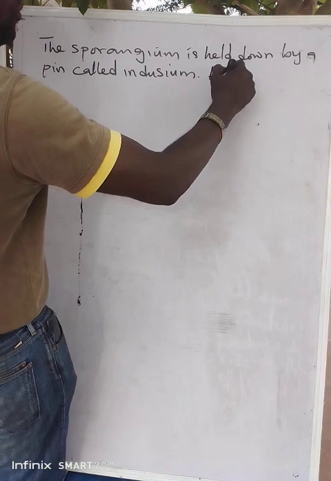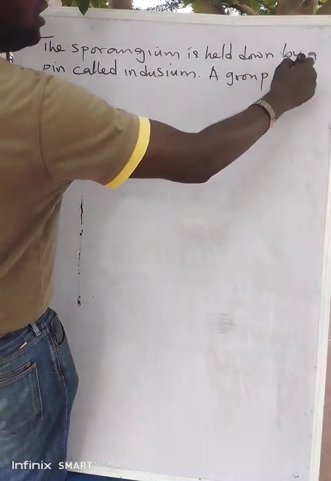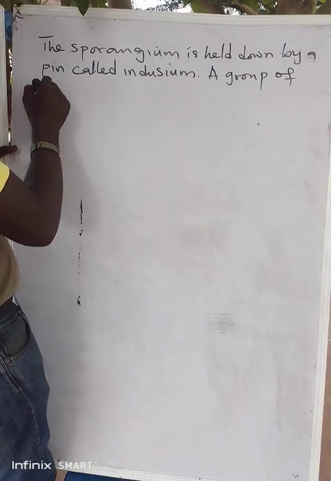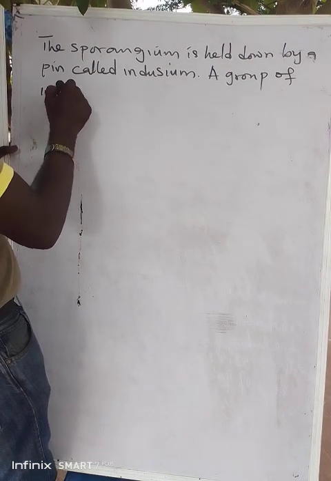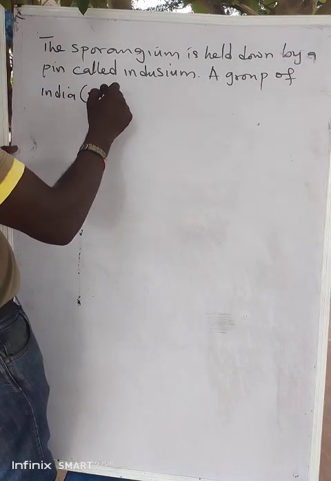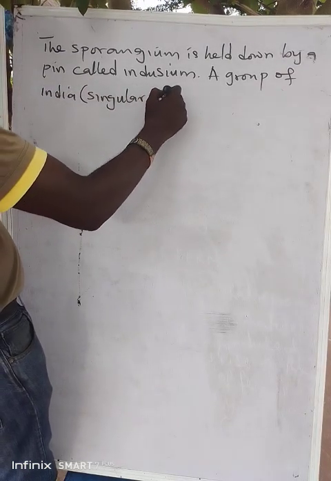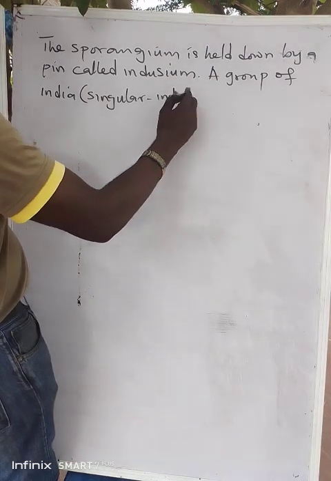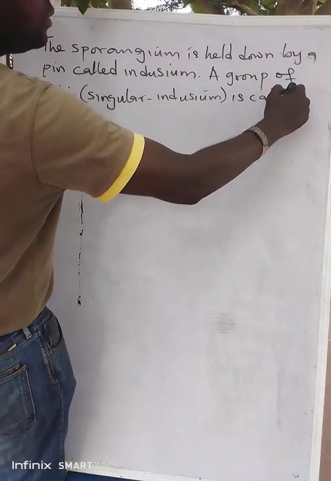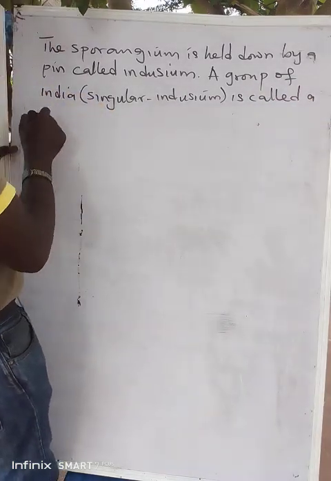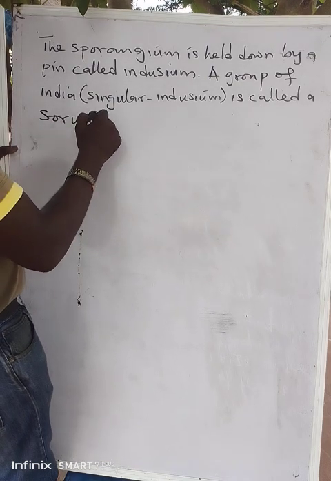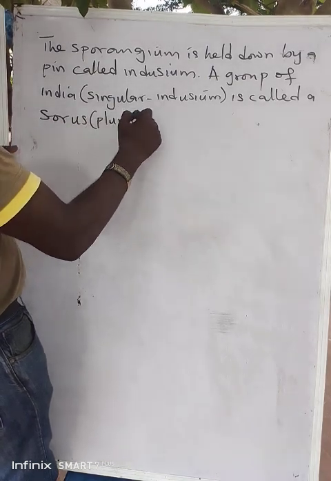So a group of indusia, the plural form of indusium, is called a sorus, plural sori.